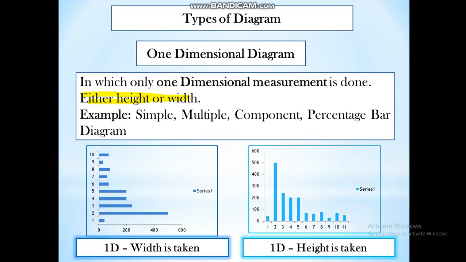Here you can see the width is taken and the width is varying, and here the height is varying. So the one dimensional diagram varies either in height or in width.